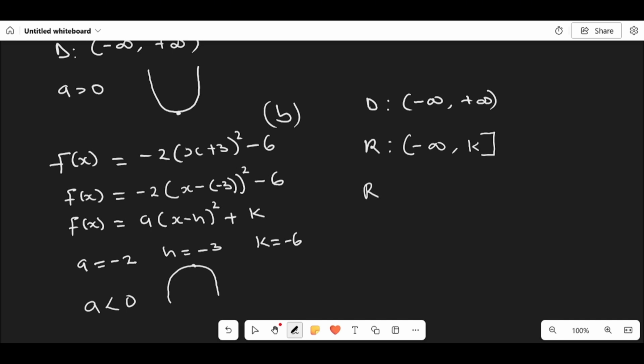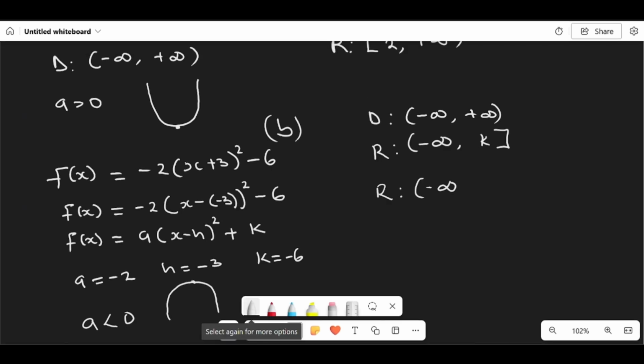Our R, which is range, (-∞, -6], and the value of our k is -6, and this square bracket simply means that our -6 is inclusive.